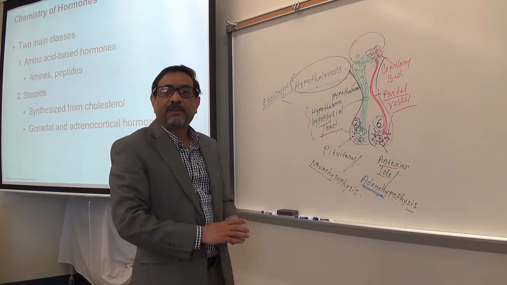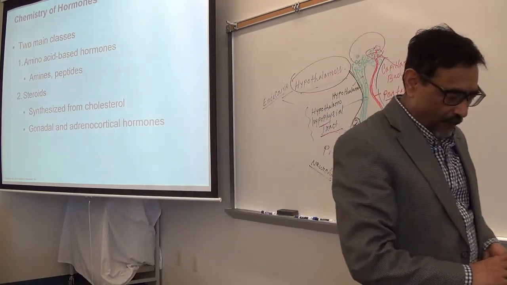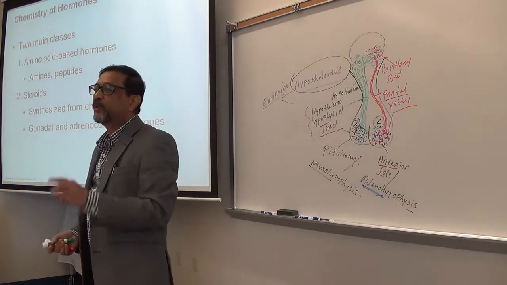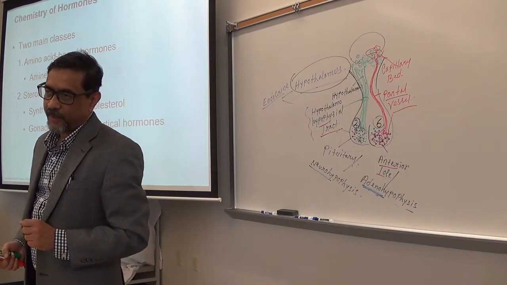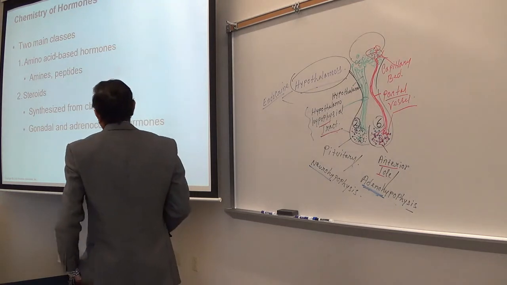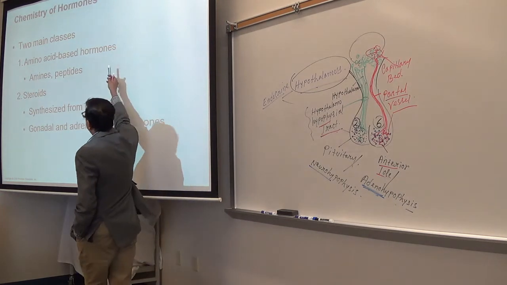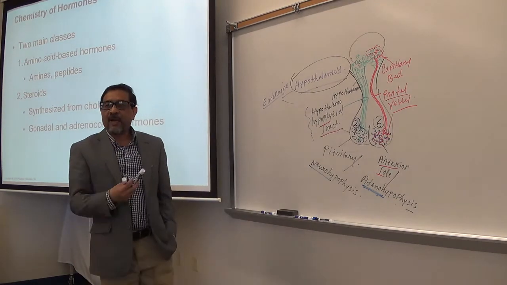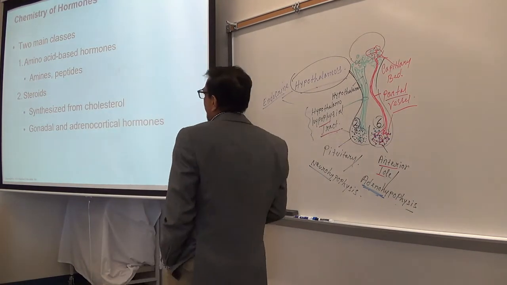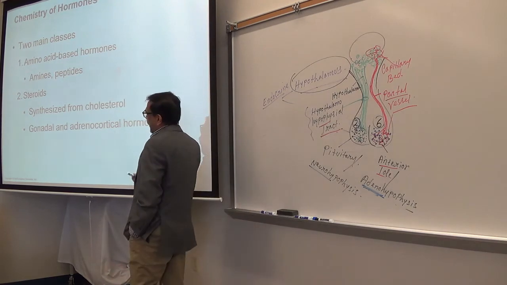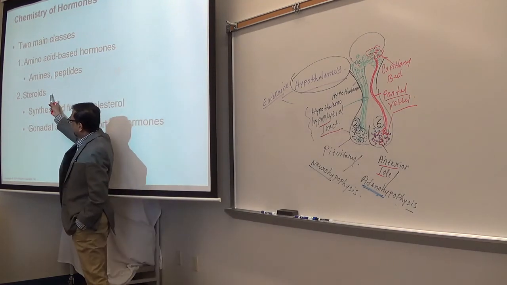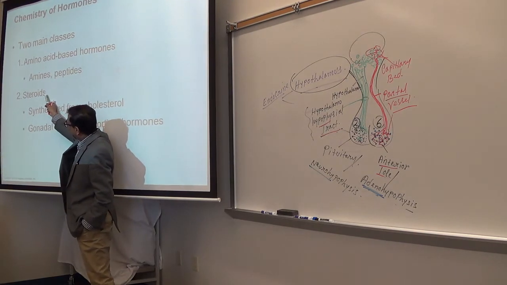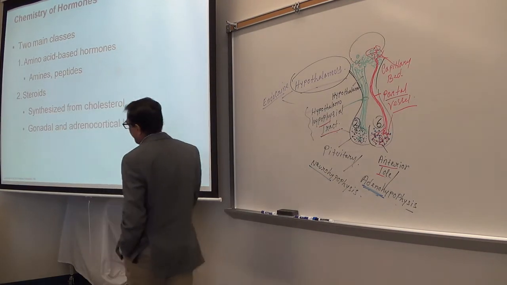Now, types of hormones. The endocrine hormones could be two different types. One is called amino acid based hormones, like amines, peptides, and another is steroid. Steroid hormones mainly come from cholesterol, fat or lipid.